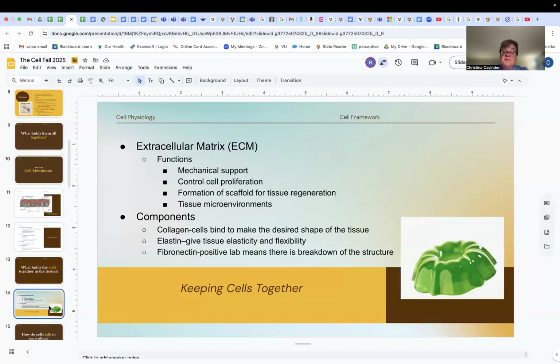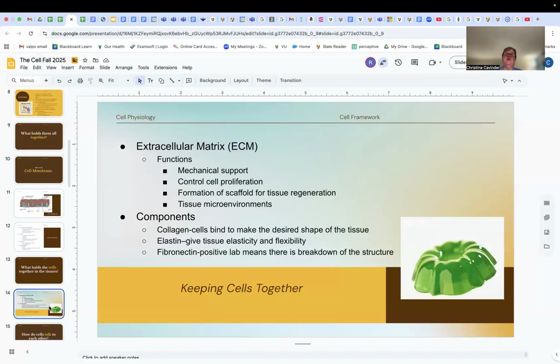Fibronectin, you might see this. A breakdown of certain tissues gives off fibronectin. Sometimes you'll order fibronectin levels, and that means there's some kind of breakdown of this structure. I work in the neonatal intensive care.